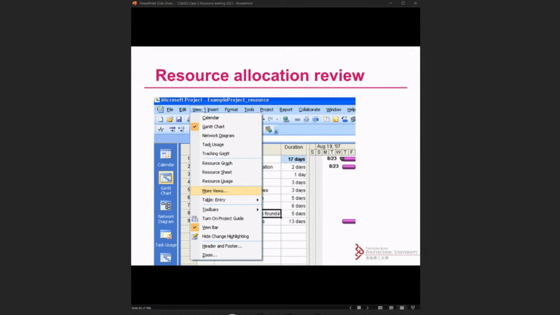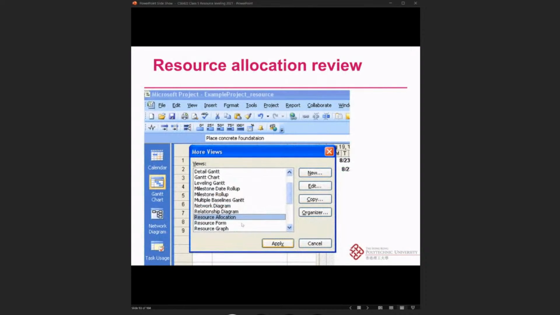So now we can click the view and have more views to look at the resource allocation. You can see that for the views, there are different types of charts and diagrams you can look at, like the Gantt chart, leveling chart, resource allocation, even the network diagrams. It has a lot of things I can show.